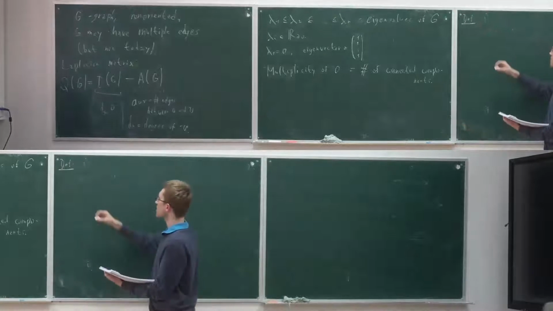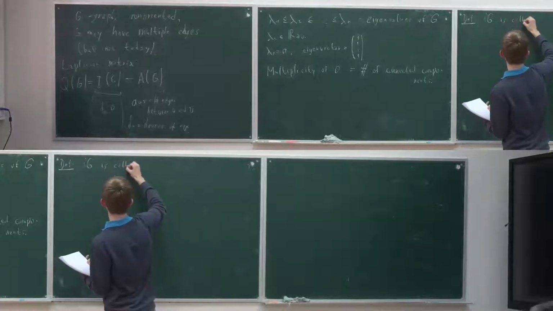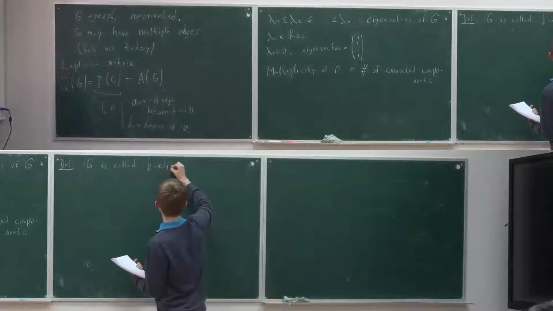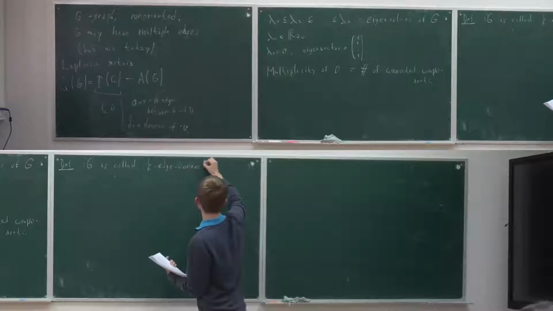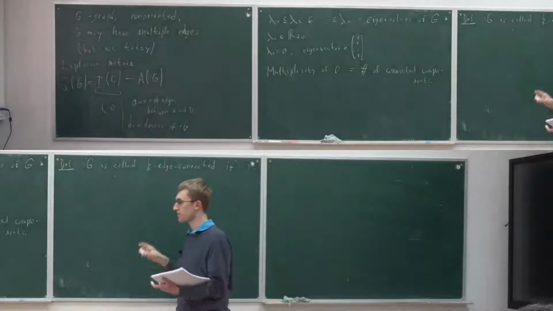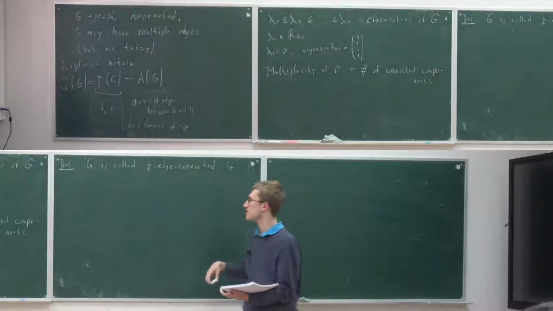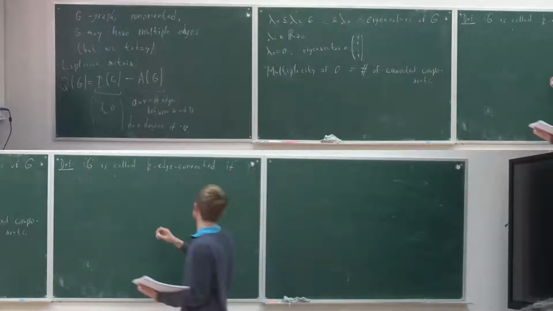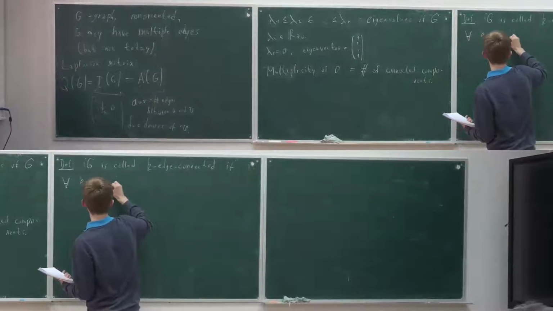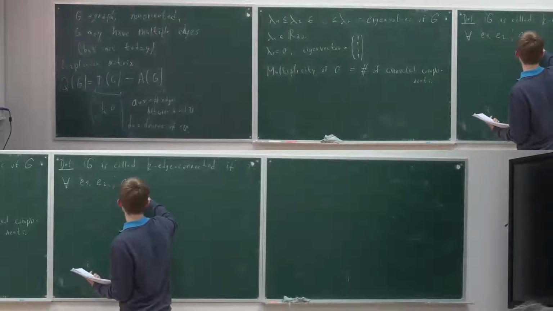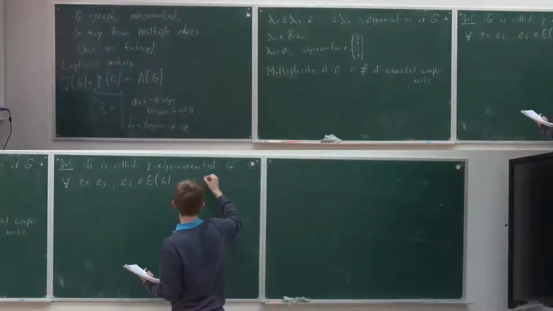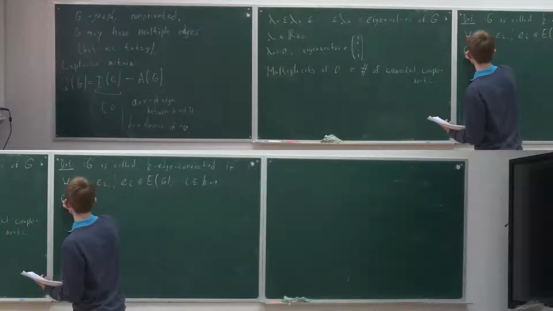Firstly, G is called k-edge connected if it remains connected when we remove fewer than k edges. So for any edges A1, A2, ..., Ai, with i less than or equal to k minus 1, this graph is connected.